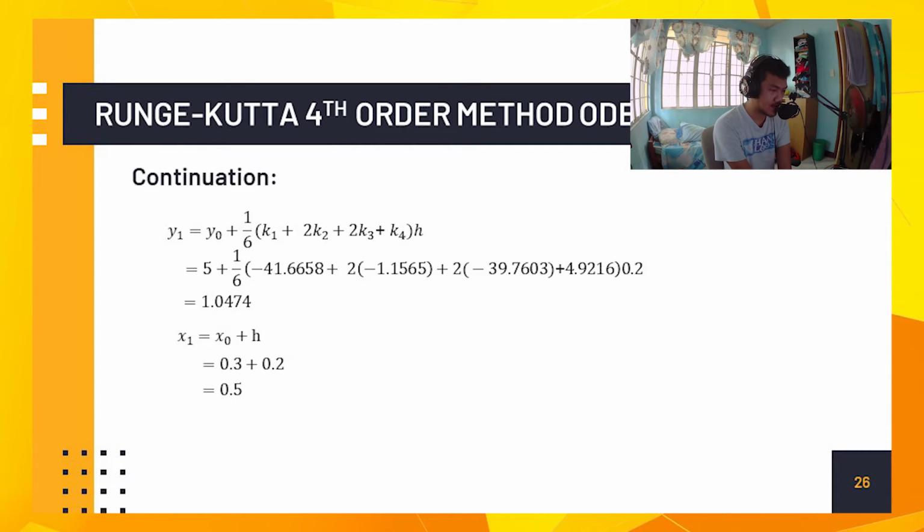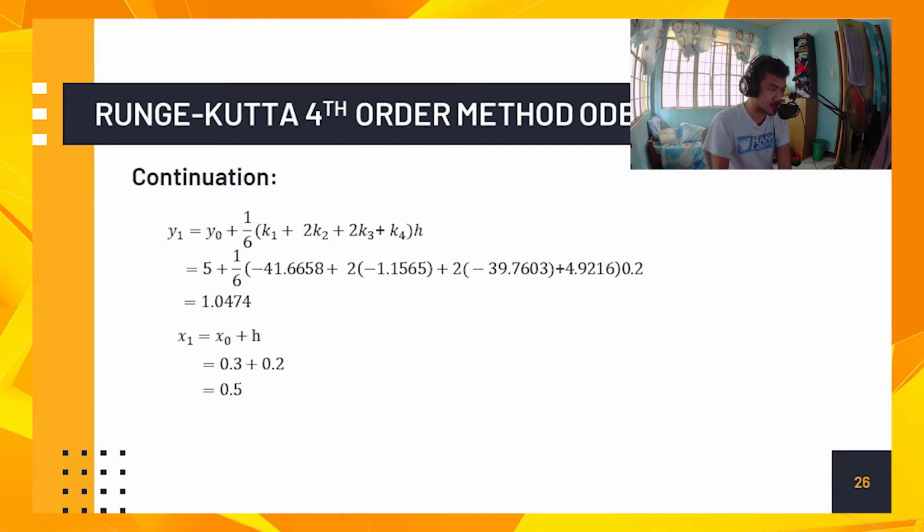That will give an answer of 1.0474. And for x sub 1, we have x sub 1 is equal to x sub 0 plus h. That will give 0.3 plus 0.2, and that will give 0.5.